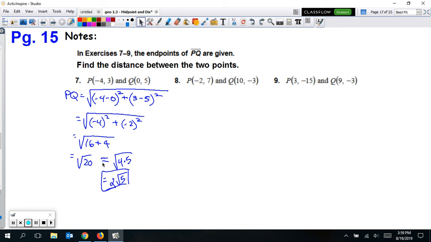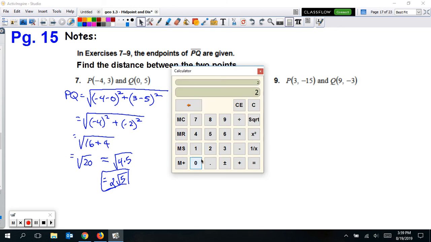Now remember us doing that on the review packet, where I was having us simplify radicals there. This is one reason why I wanted you to start to review that, because we're going to use it here. Now, to get the decimal form, the easiest way is to go back to your single number radical here, the square root of 20, and then just use your calculator. So I'm going to put 20 in, and then hit the square root button, and there it is.